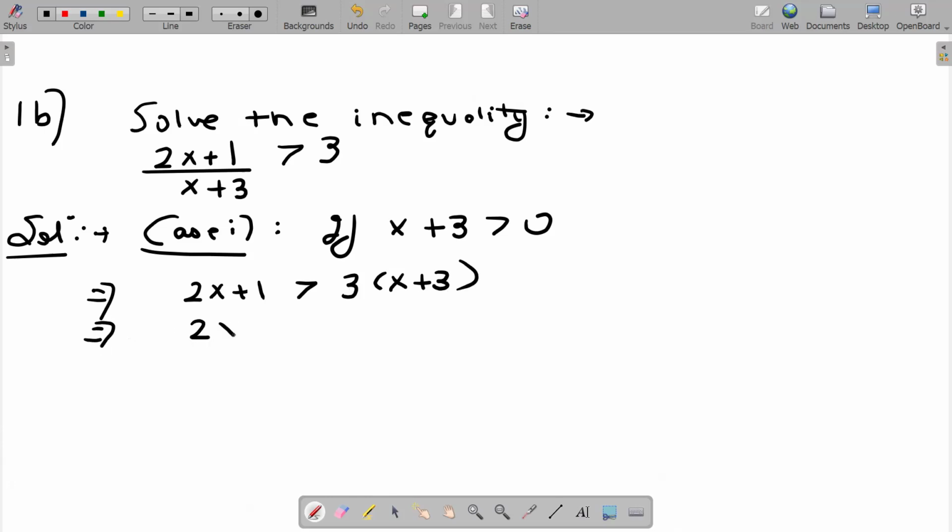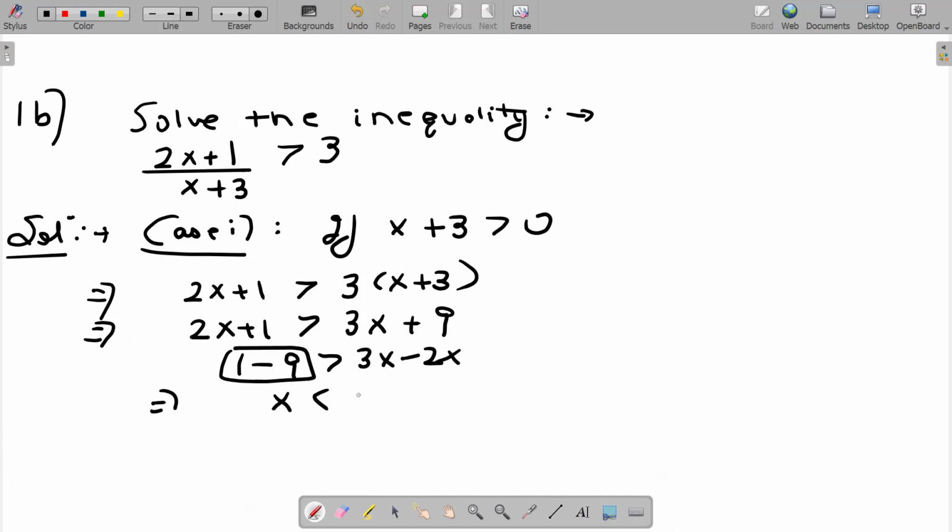This implies 2x plus 1 is more than 3x plus 9 minus 8. How do I get minus 8? 1 minus 9. 1 minus 9 is more than 3x minus 2x, which gives me x less than 1 minus 9, which is minus 8. But this implies that x should be more than minus 3.